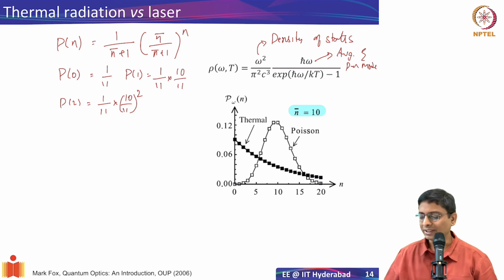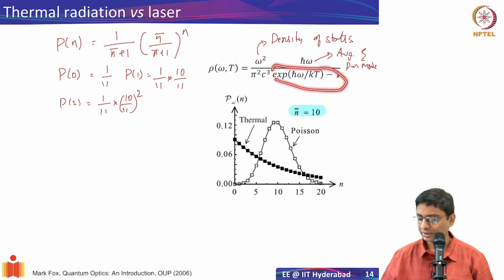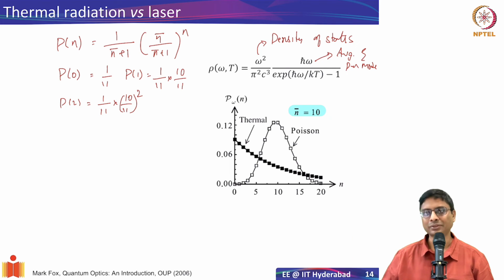And that is also obvious because if you look at this expression closely, 1 over this particular term is my number of photons. As you can compute at different temperatures, as the number of photons increases, the whole thing will reduce, so the probability reduces anyway.